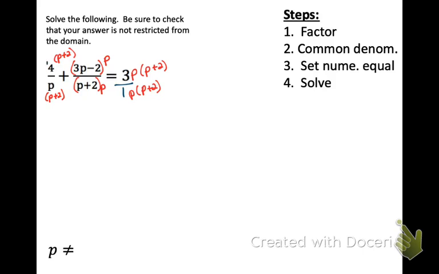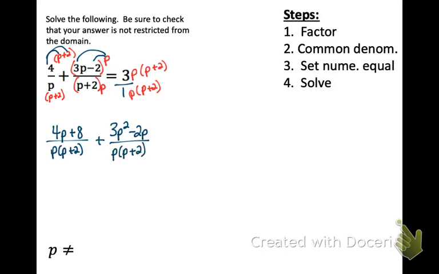So my next step, I'm going to go ahead and distribute this 4. I'm also going to distribute this p. And then over here, be very careful, but I'm just going to distribute the 3p.